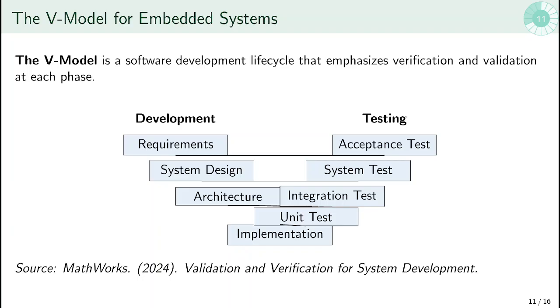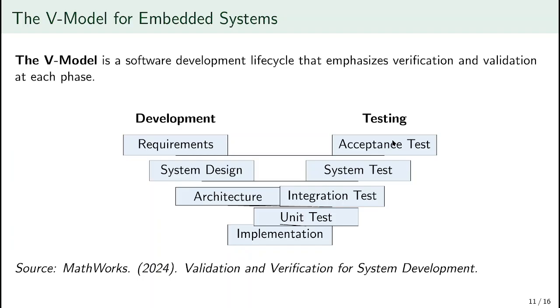So the V model is a software development lifecycle that emphasizes verification and validation at each phase. It has two sides, as we see, left side and right side. On the left side, there are requirements, system design, architecture, implementation. And on the right side, it's the testing part.